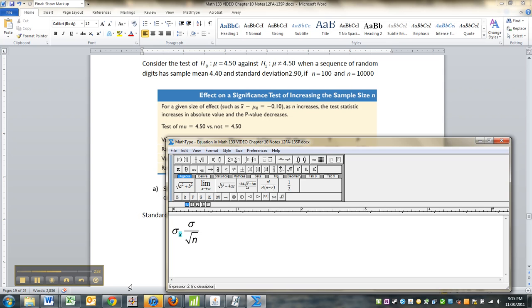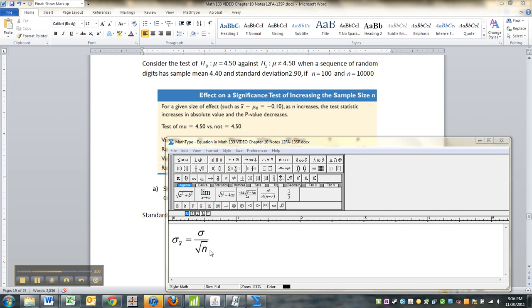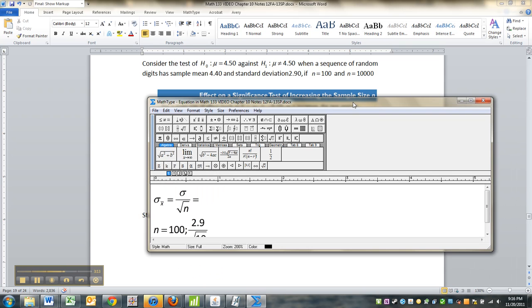So it was 2.9 over the square root of 100, which is equal to 2.9 over 10, which made it 0.29.